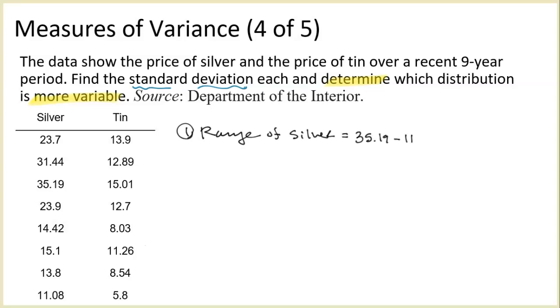So the range for silver, we look at the highest and the lowest values for silver, so 39.19, 11.8, and we get a spread of $24.11.